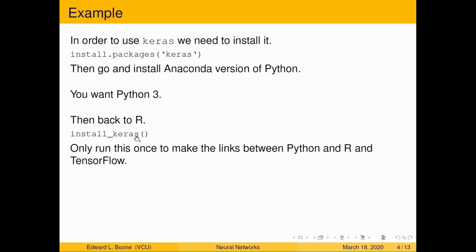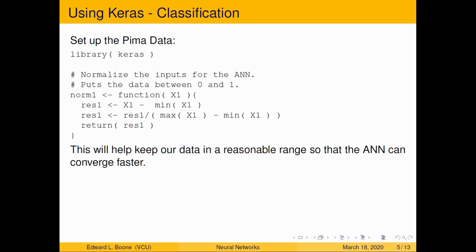All right, once you've waited a long time, now you can actually do something. First thing we're going to do with our Pima data set is load the library keras. So we're going to have code library(keras). That'll load those functions for us. Whenever we're doing things with neural networks, we often have to normalize the data, and this really helps the ANN converge faster.